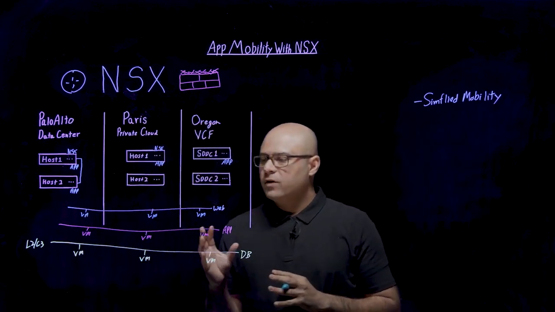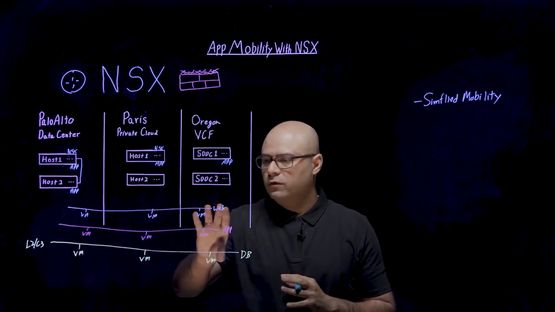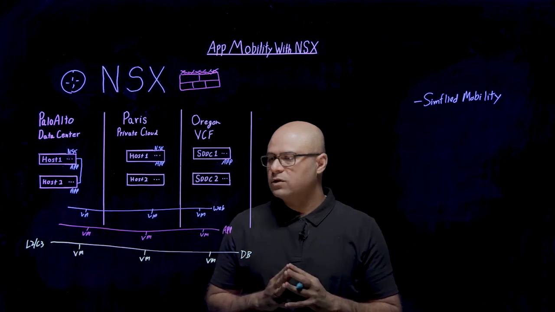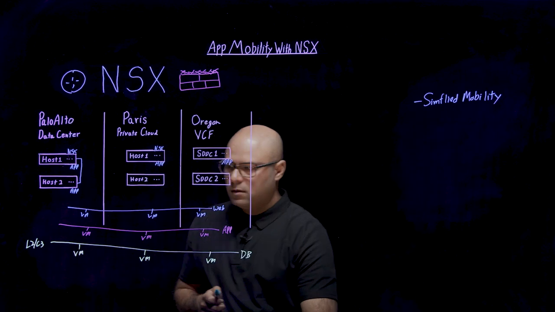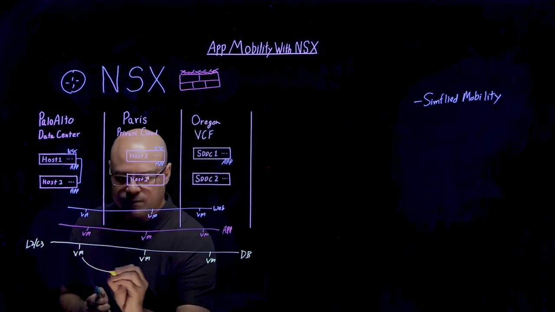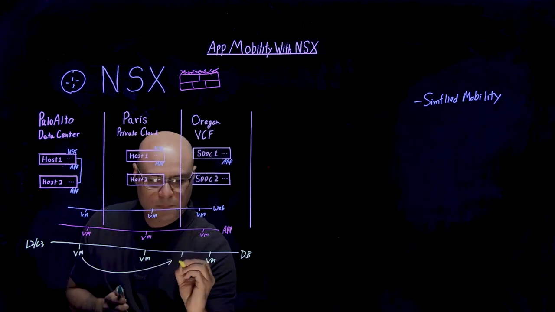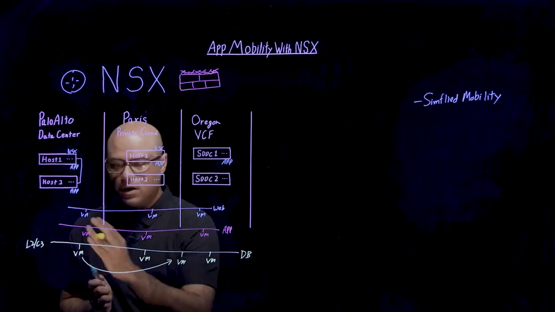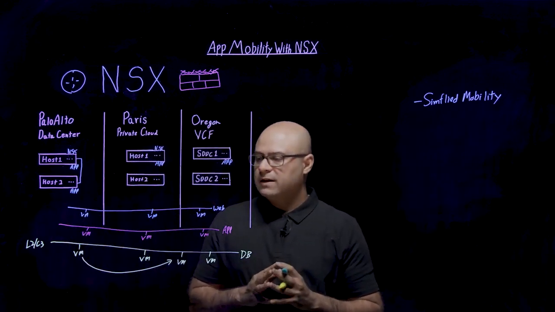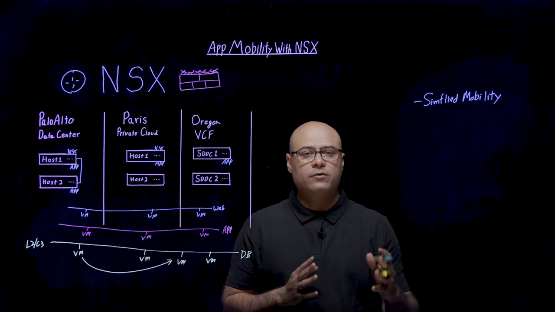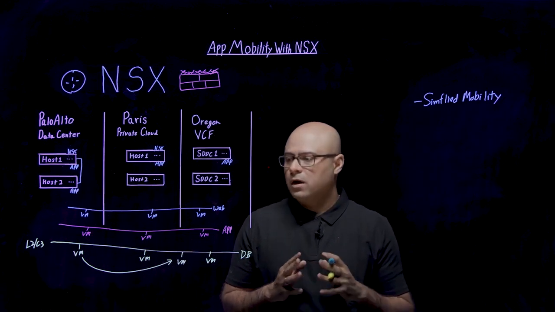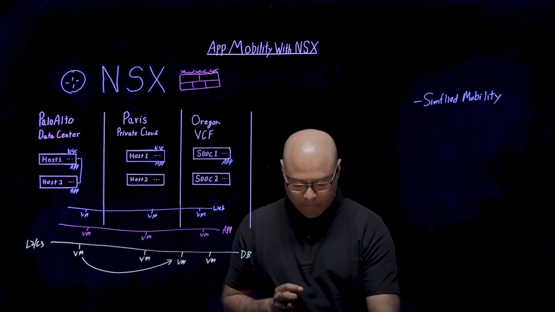Now, VMware NSX provides the overlay for this network and also creates the networking to enable virtual machine migration. These VM migrations are seamless, do not require any network change or re-IP addressing or changing the MAC addresses.